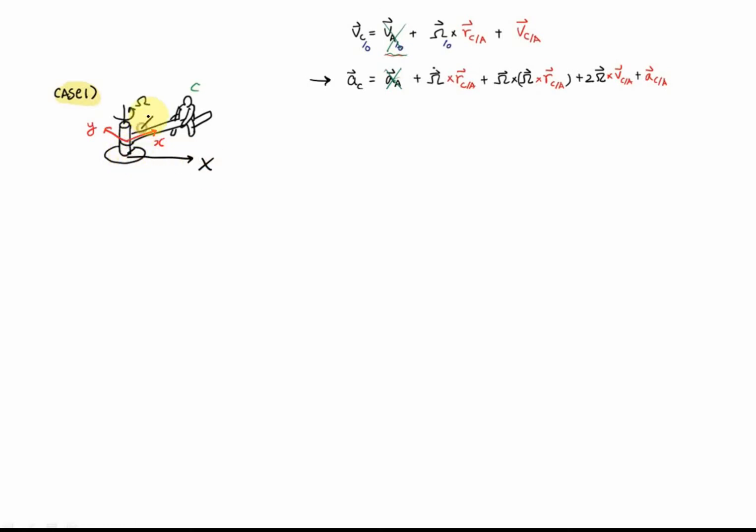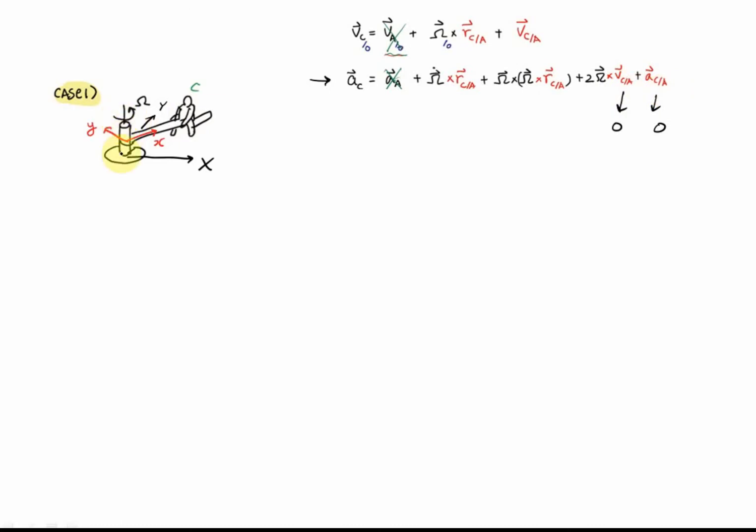So we have a fixed frame on the ground, and this rotating frame is rotating. Then if you describe the person with respect to the rotating frame, the person sits, does not move, right? That's why your velocity and acceleration should be all 0, because these are all the velocity and acceleration expressed relative to the rotating frame. But the person sits and stands still, so the velocity and acceleration will be 0.